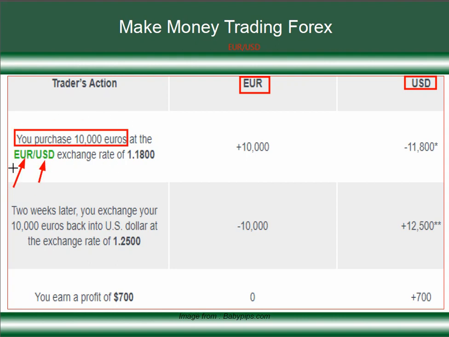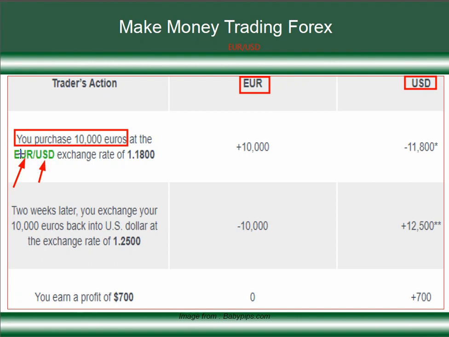Now, whenever you see currency pairs indicated, they're always indicated as pairs. The first one is the base currency. We talk about it later again. The second one is the quote currency. So it's like the first one is 1 in exchange for a number of the second.